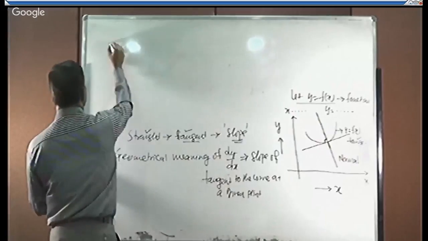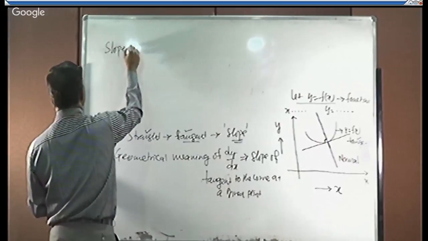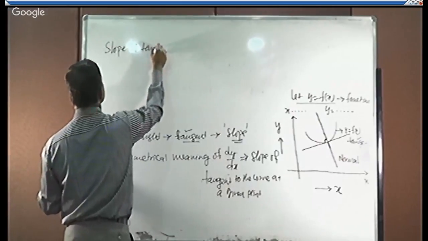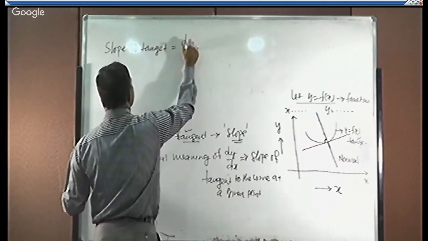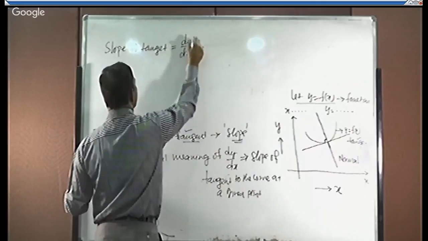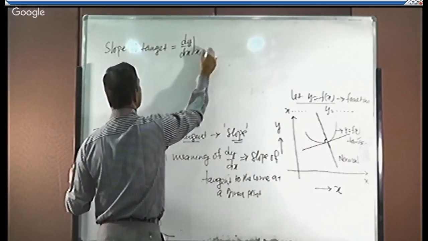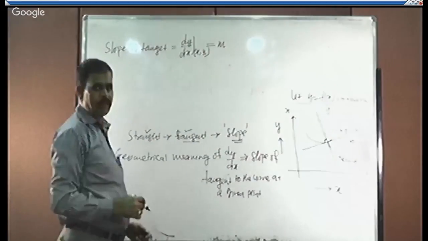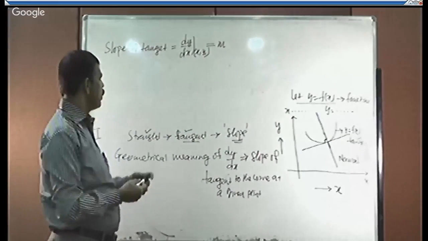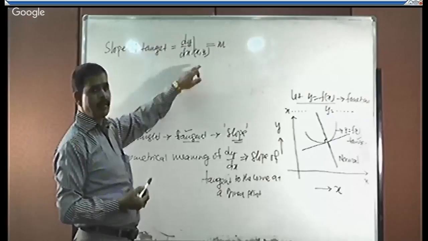So the slope of tangent is nothing but dy by dx at a given point (x1, y1). I will take it as m. What is the slope of tangent? It is dy by dx at a given point.